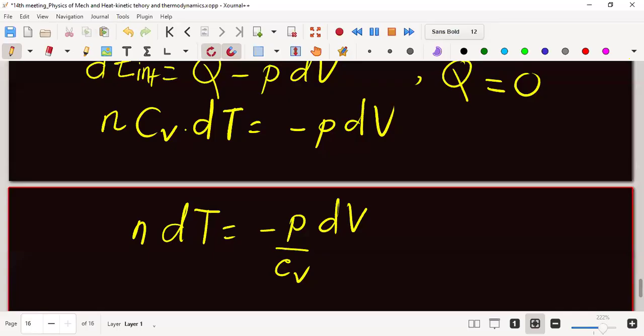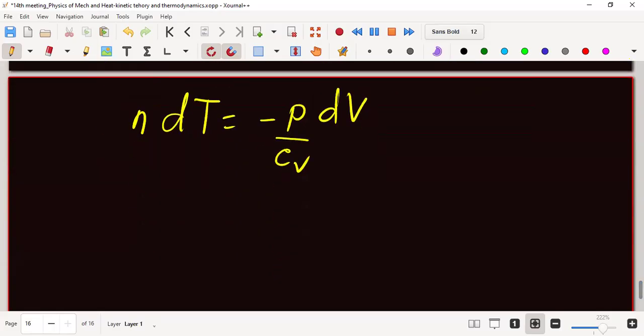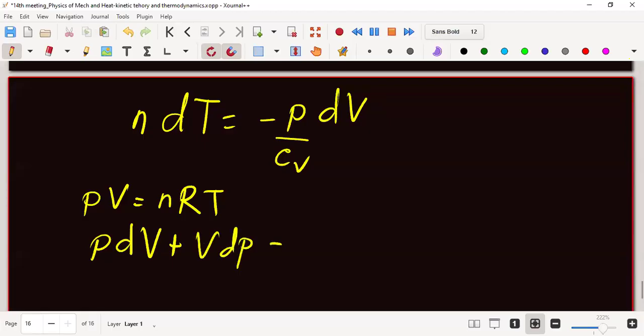Okay, for the ideal gas, PV is nRT, and then here P dV plus V dP is n R dT.